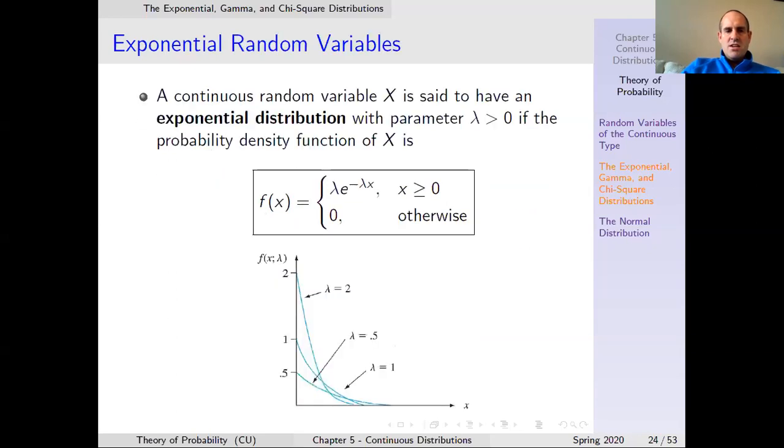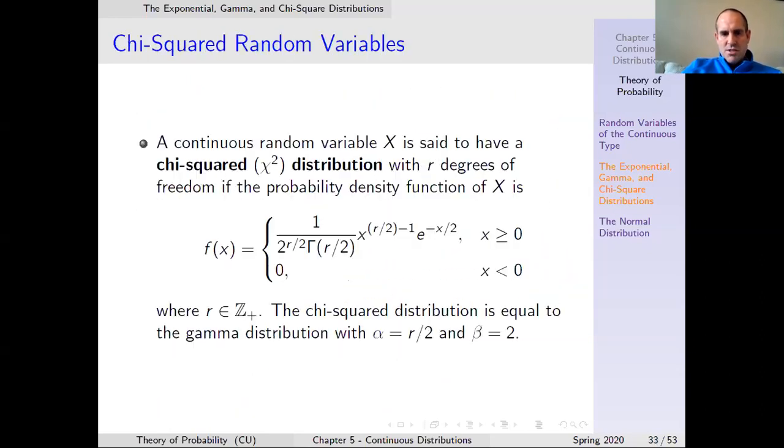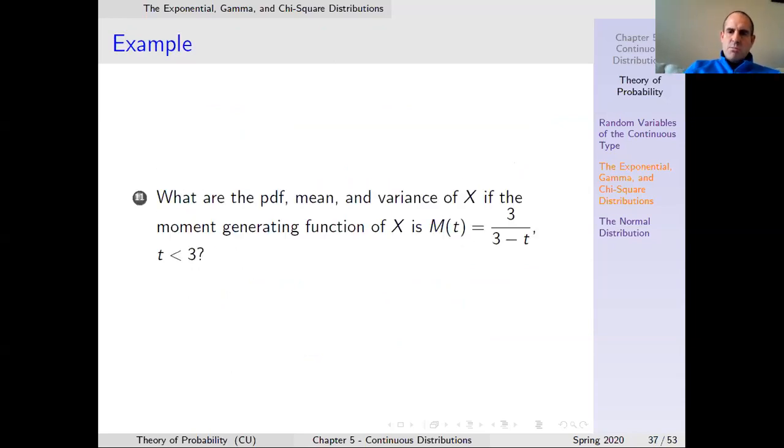And of course, the density is going to be 3e to the negative 3x for x equal to or greater than 0, and 0 otherwise. That was just a problem to make sure you've been paying attention, okay? The minute we have the moment generating function, boom, we know everything. So there we go.